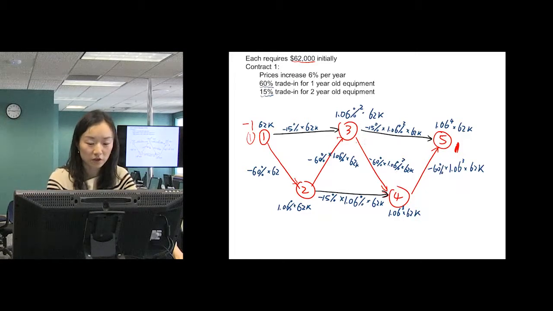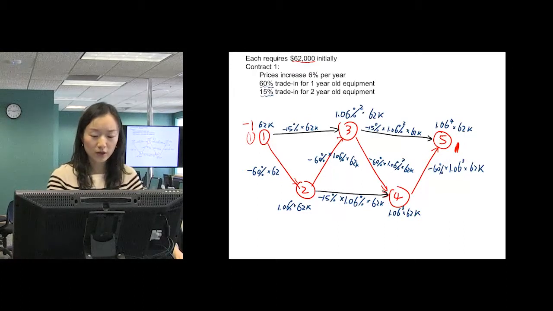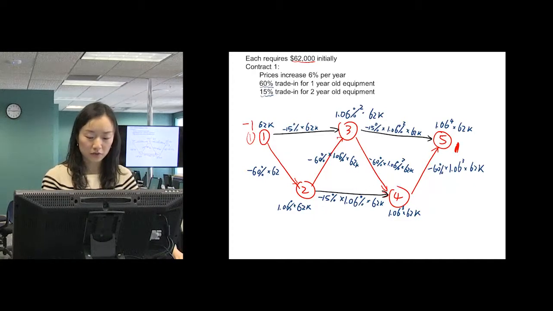For example, if we're considering this way, we are now at the beginning of year 4. Whether it's coming from here or from here makes a difference. If I come from here, that means we're trading the equipment that we purchased in year 3 under a 1-year trading plan, so we get 60% of what we paid for it at that time.